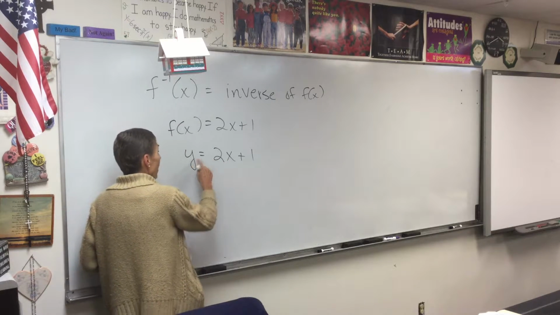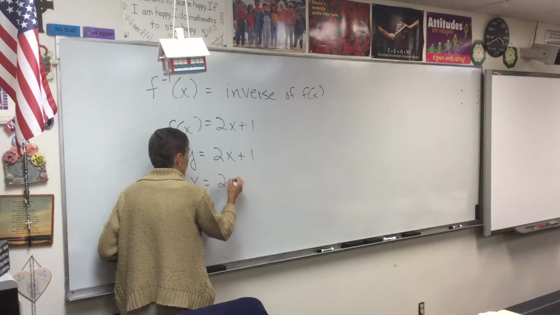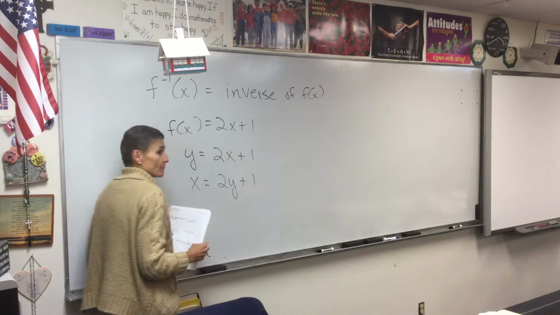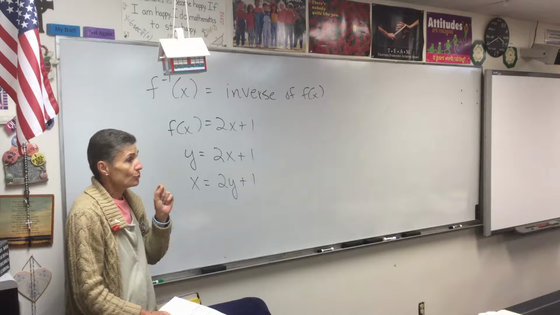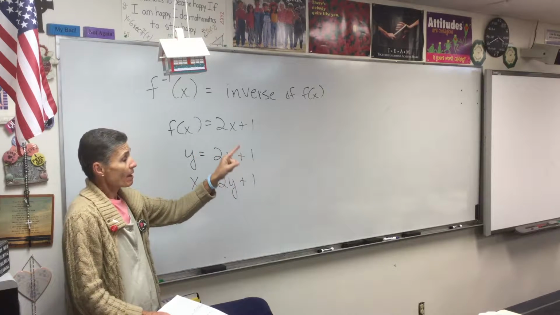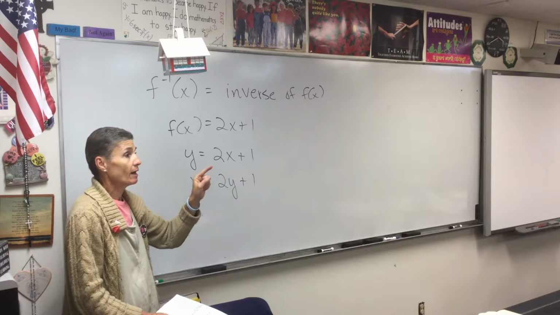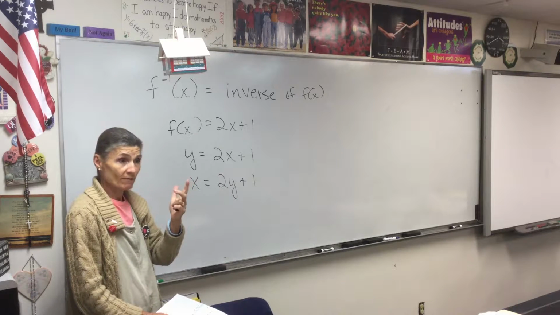So instead of y equals 2x plus 1, we're going to have x equals 2y plus 1. You'll see why in a minute. Inverses undo each other. So what used to be x mapping onto y is going to become y mapping onto x. We switch our variables.